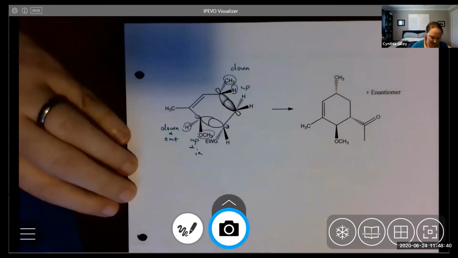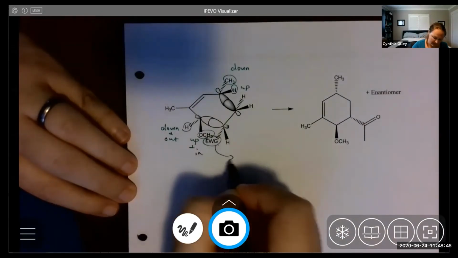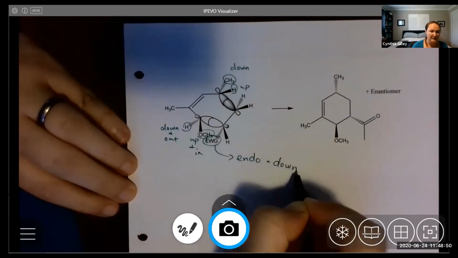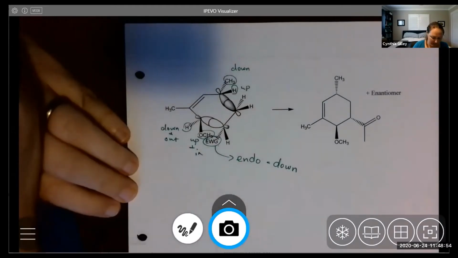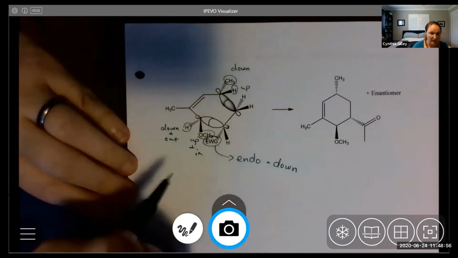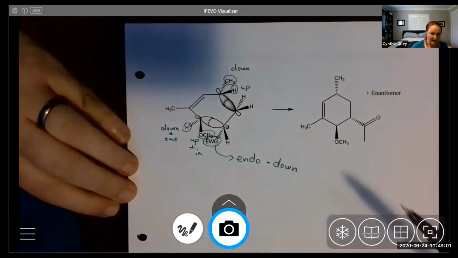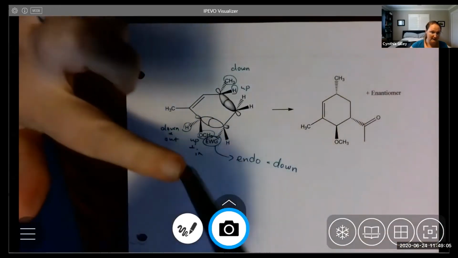And with the dienophile, the electron withdrawing group, which prefers endo, will end up down. That's because as the entire dienophile rotates to be part of the 6-membered ring, what was pointed in is now pointed down. So it comes in this way, your electron withdrawing group, and then it rotates this way.